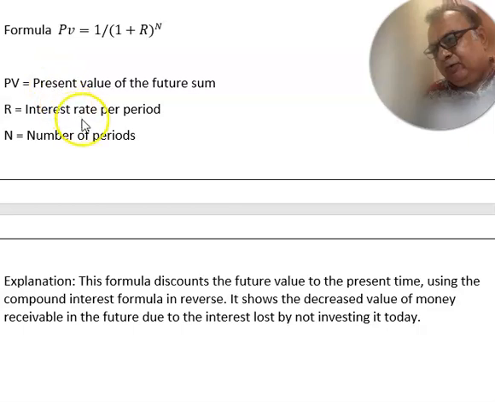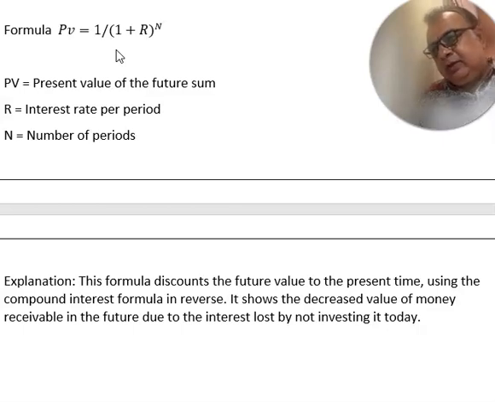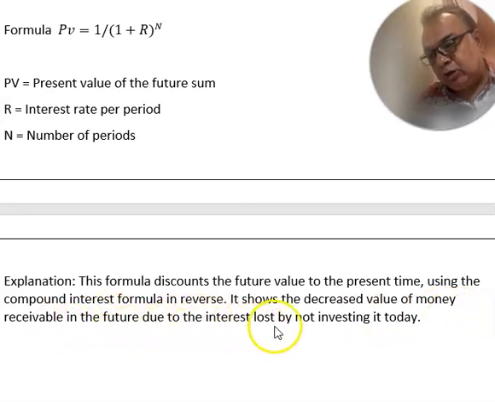This present value formula is the reverse of compound interest. If you remember the compound interest formula, automatically you remember the present value formula. It shows the decreased value of money receivable in the future due to interest lost by not investing today.